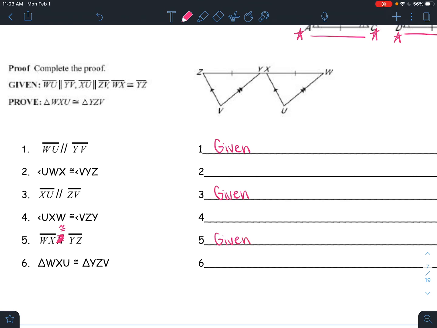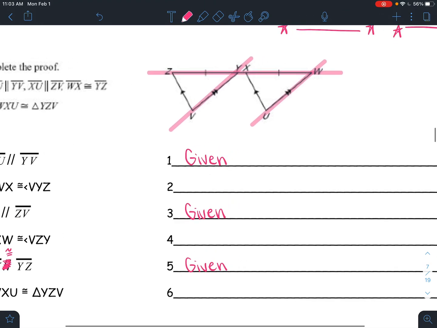So these things are marked in our diagram here, and let's focus on our parallel lines. So if I look at WU and YV, that's these two here. Remember that parallel lines are going to lead us to some congruent angles. So if I focus on those two parallel lines, my transversal is this ZW. Well, if I take a look at these two parallel lines and that one transversal, I notice that they are creating some corresponding angles.